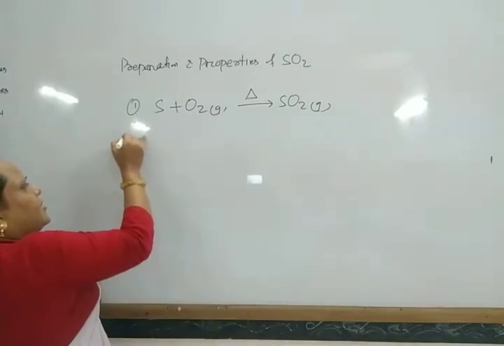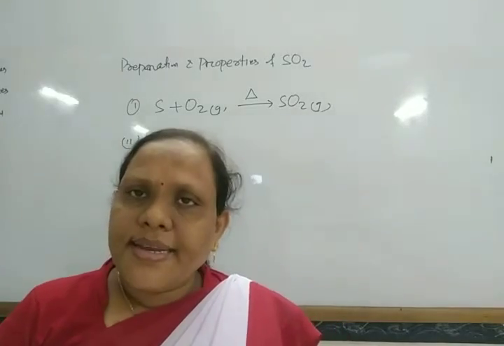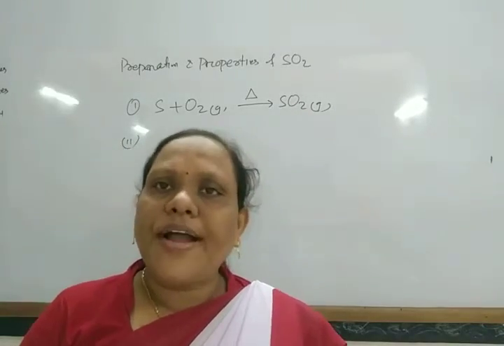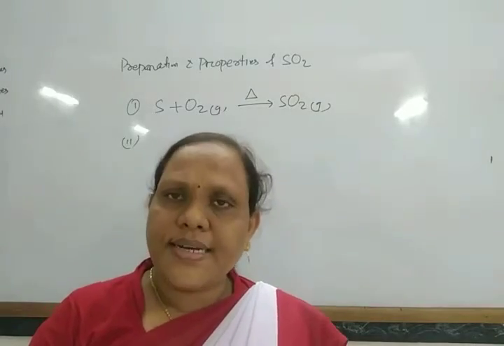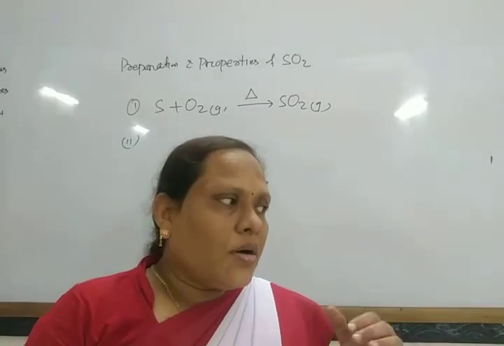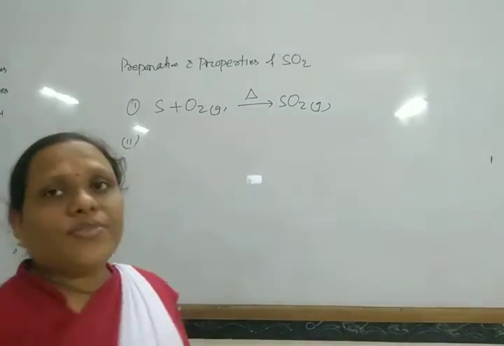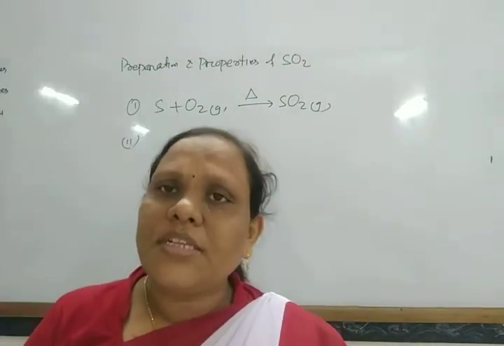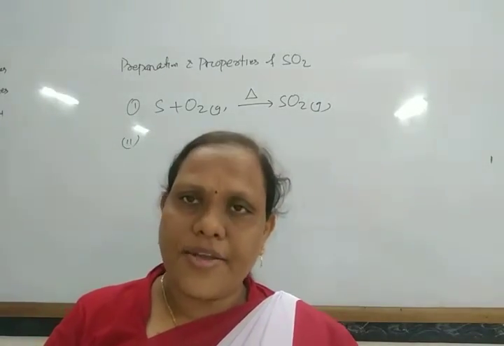Similarly, this gas is also prepared by heating different sulfide ores. When different sulfide ores are roasted in the presence of oxygen, they generally form sulfur dioxide.